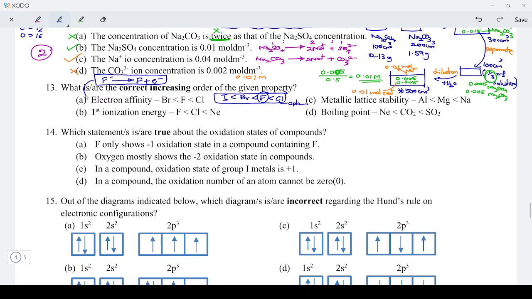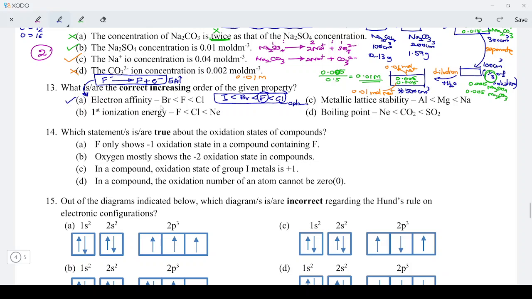Okay, so the likeliness to happen, this we check. If the affinity is very big, this enthalpy value will be large, because that means you need a bigger energy to remove this electron. So electron affinity, anyway, this statement is true. I hope you can understand that.